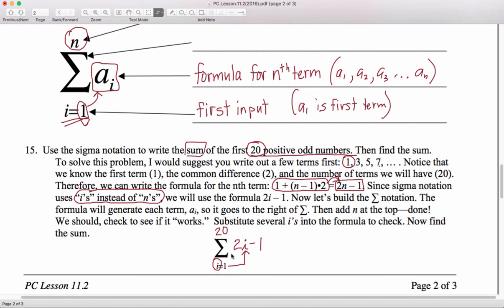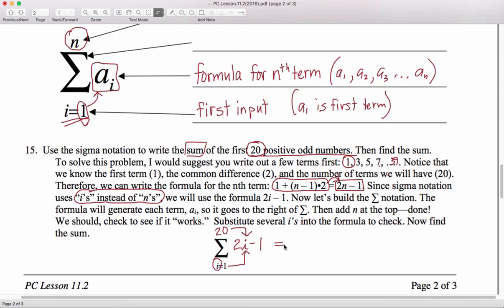The last input would be 20. Let's check that to be sure it makes sense. If we plugged in 20 here, 2 times 20 would be 40, minus 1 is 39, and that would make sense. 39 would be the 20th odd positive number. If you're not sure, you can count it out. But there it is. That would be the answer.